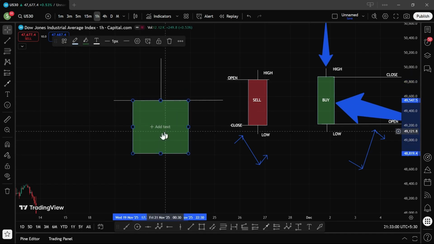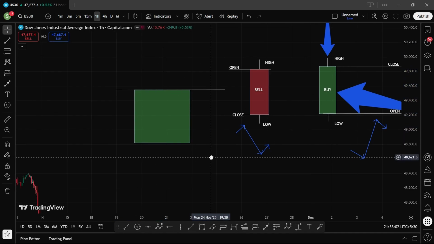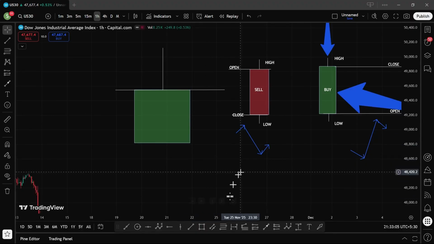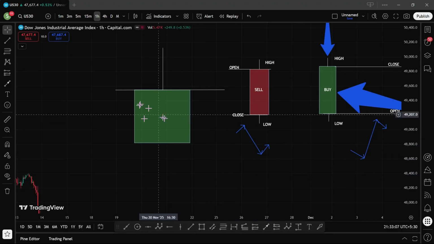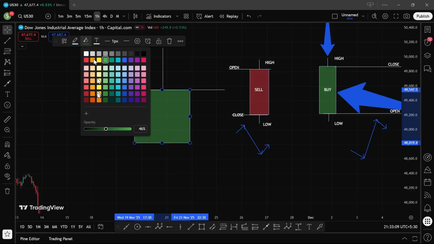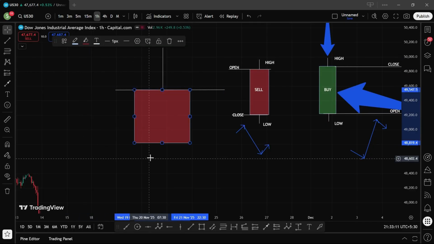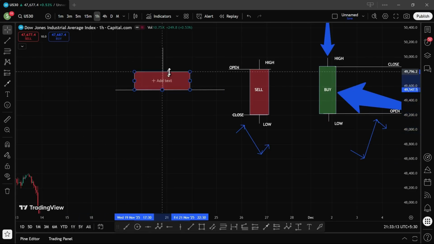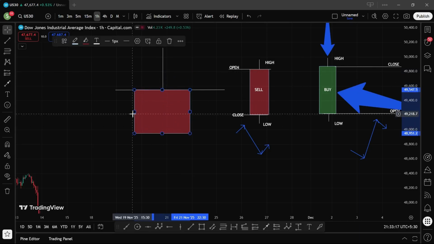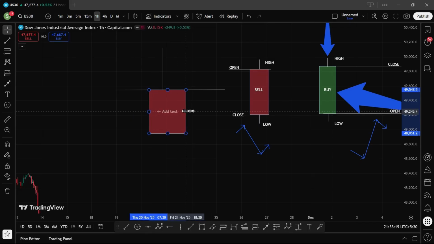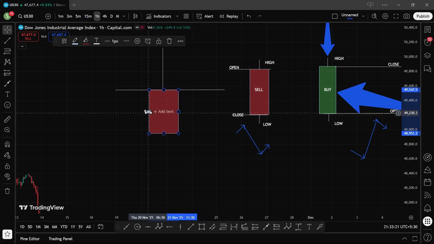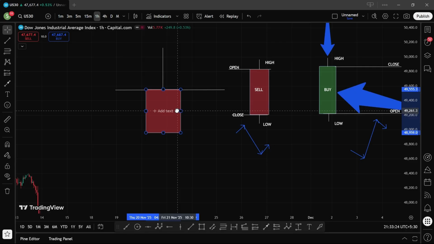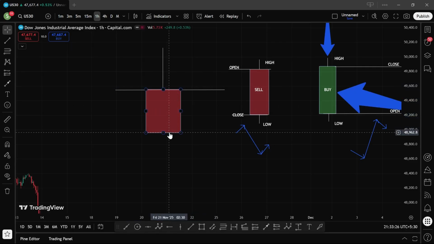Then the candle went down, and because it went down, the color isn't supposed to be green. Did you notice that? It's supposed to be red. So if it goes past the opening line, it becomes green again. That's how candles work. That's how you can check out candles.